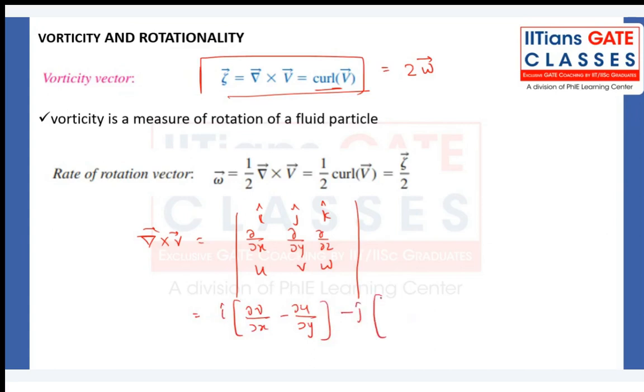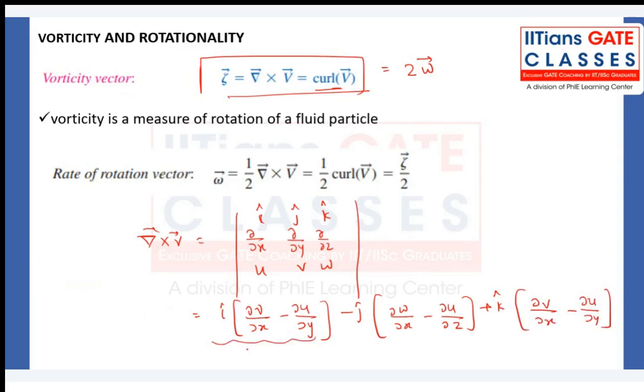When you write j cap, dou u by dou z minus dou omega by dou x, plus k cap, you will be writing dou v by dou x minus dou u by dou y. And what you are getting, my dear friend, this is nothing but vorticity.